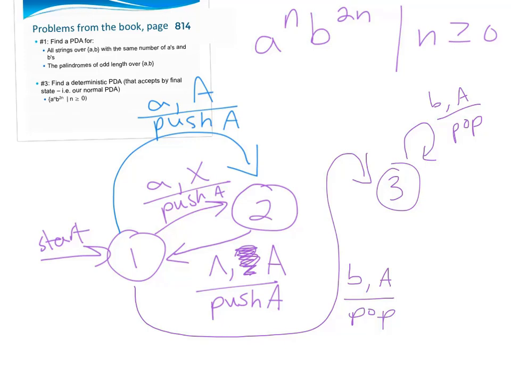And then when I am completely done and I'm ready to accept, I am going to transition to an accept state, and on lambda, if I see X, I will do a no-op. Okay?